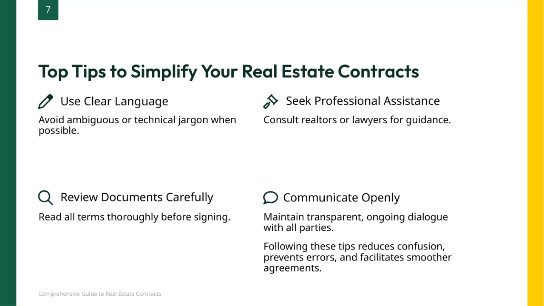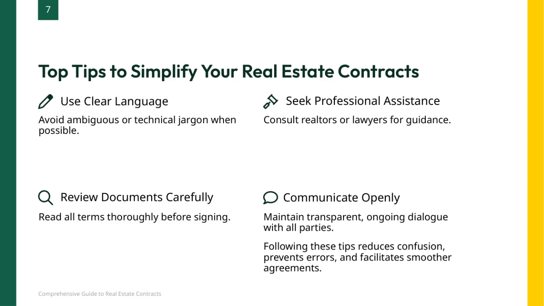When working with real estate contracts, the first key tip is to use clear language. It's important to avoid ambiguous terms or complicated legal jargon whenever possible, so everyone involved can understand the agreement easily. Next, always seek professional assistance. Realtors and lawyers have the expertise to guide you through the process and help avoid potential pitfalls. Third, take the time to review all documents carefully.